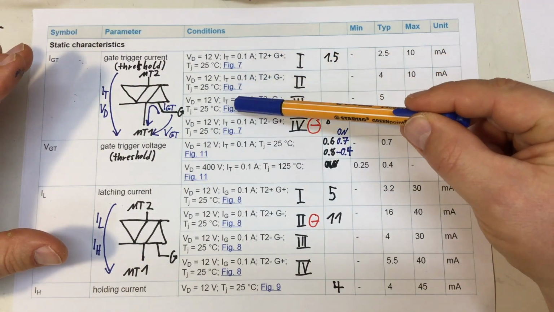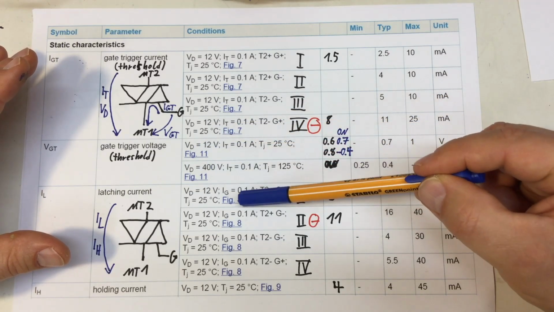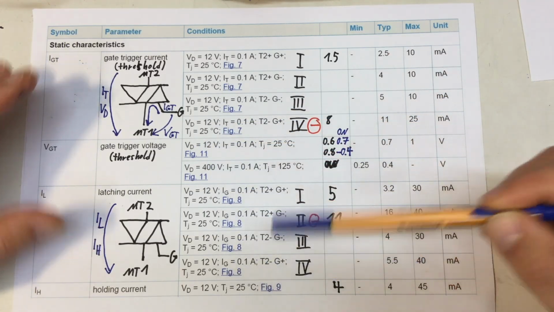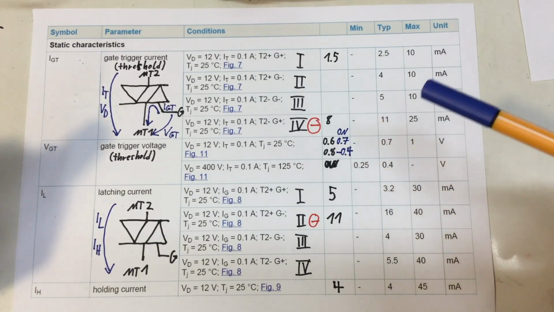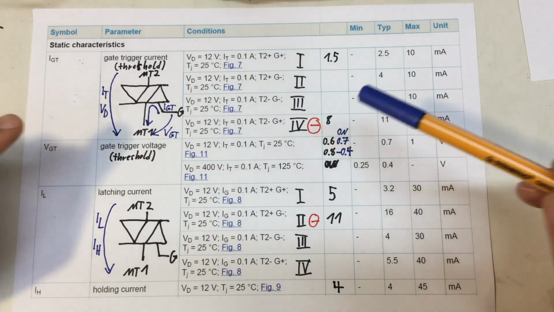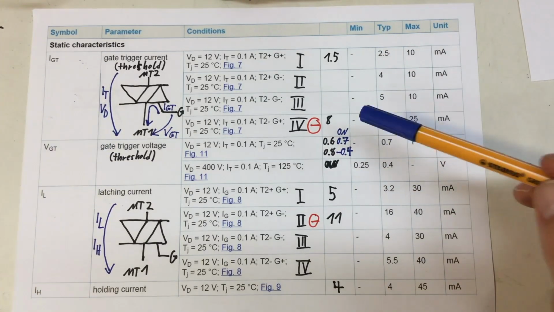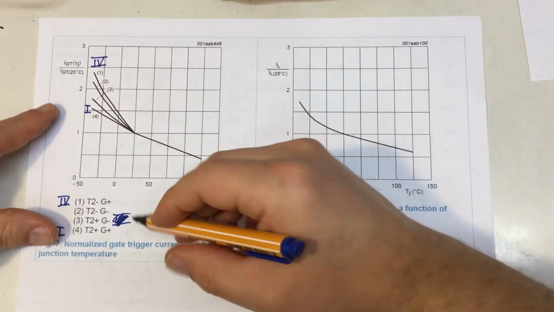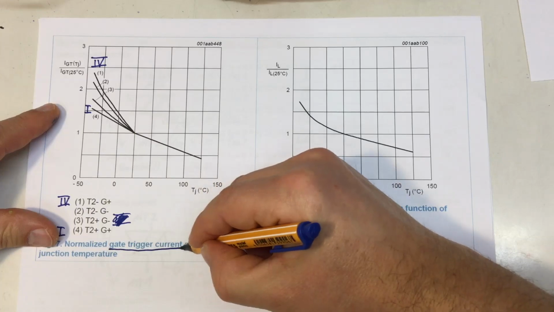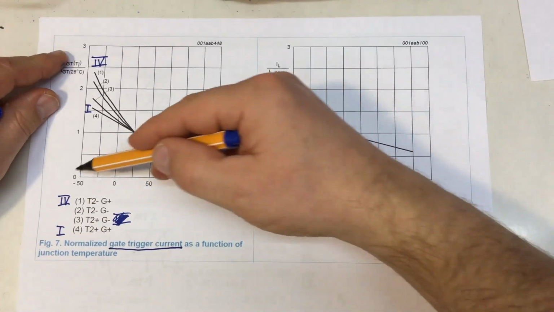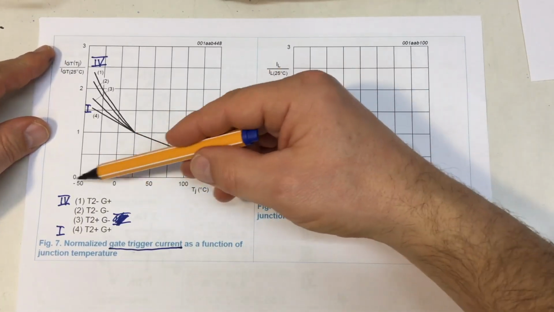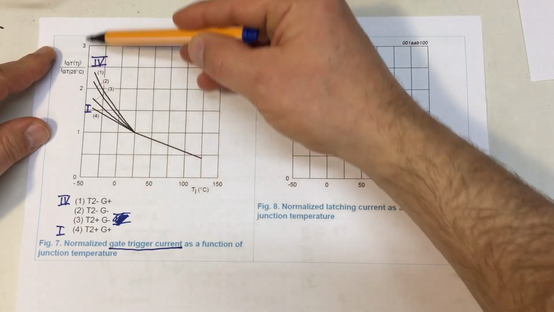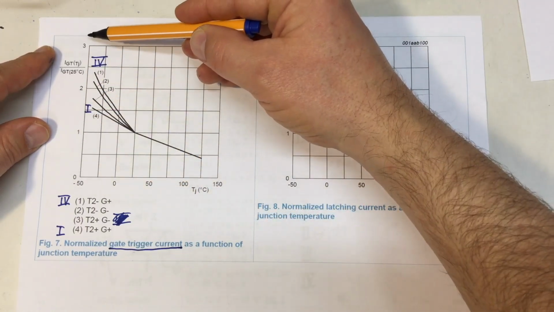We have now to look at these referenced figures, because the thing is, a TRIAC is a very, very temperature sensitive device. If we look at that figure for the gate trigger current, it's temperature versus relative gate trigger current.